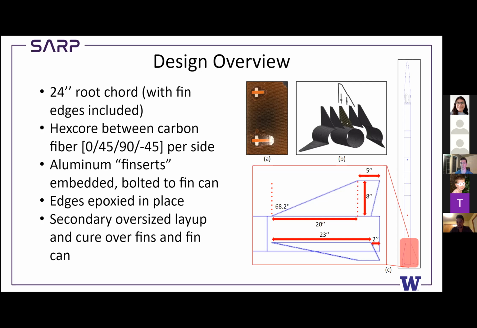Essentially, the fins are made of a hex core honeycomb material, and embedded inside of that are these aluminum fin certs. That's how we bolt the fins onto the rocket. And the edges are then added after the fact with epoxy. There's a secondary cure with more carbon fiber to combine the fins and the fin can into one unit. So all of that is pretty much the same as last year, not a whole lot of updates.